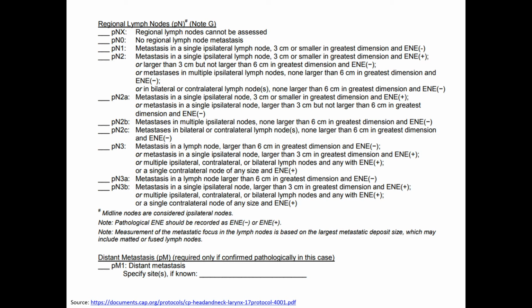No, that's right. It is just the deposit size that really triggers, which is kind of funny because when the paper came out that actually influenced how CAP is done, the data is based on the lymph node size, not on the deposit size. But somehow in all of the discussions, it got watered down to being the deposit size.